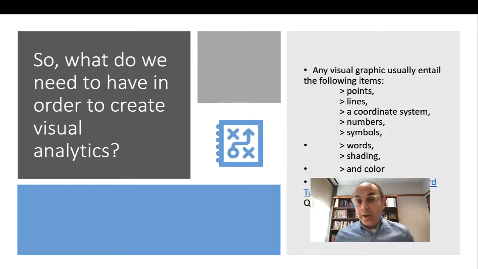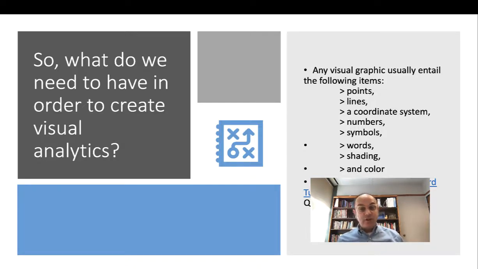But when we are talking about visual analytics, we have our own vocabulary or terminology. We have points, we have lines, we have a coordinate system, we have numbers, symbols, words, shading, and of course colors. One of the great visual historians is Edward Tufte.